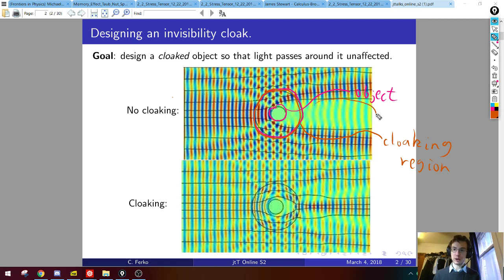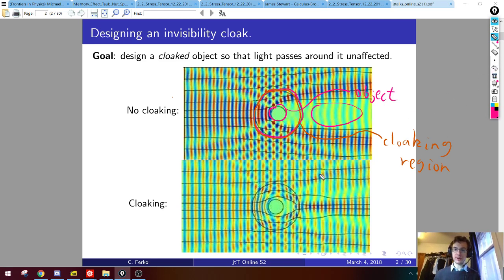There's a shadow behind the object, which I'm circling here, where no light passes through because it was blocked, and there's some reflection. You can see the incoming wave has rays emanating outward, backscattering from the object. This is what an observer uses to see the object, to image what we're trying to hide. So this is what happens usually.